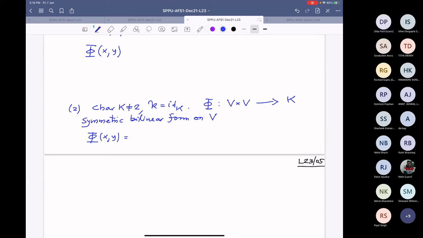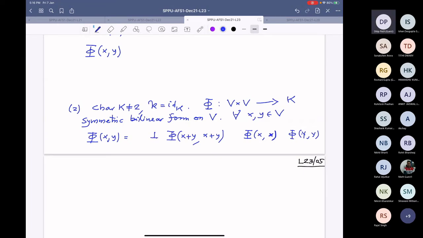So then, for every x, y in V, I want to write a formula for this in terms of the diagonal case only. I am allowed to take phi of (x plus y), and phi of (x, x), and phi of (y, y). These are all diagonal values, right? And you know the relation. What is the relation?